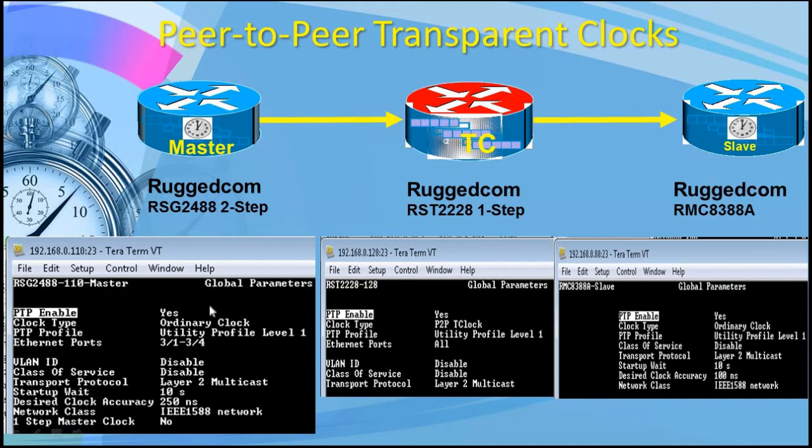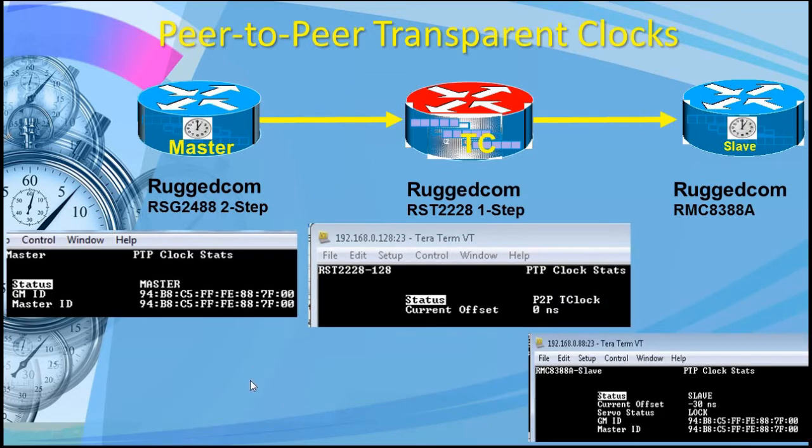So you can see two-step master configured here, a peer-to-peer transparent clock on the middle device, and slave configured on the third device. After configuration finished, we can see the slave offset from master is around -30 nanoseconds, which means the slave is synchronized with the master.